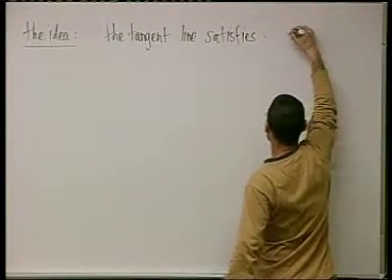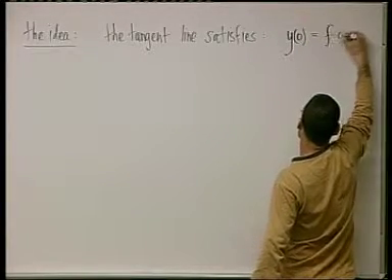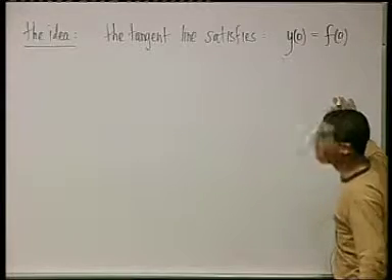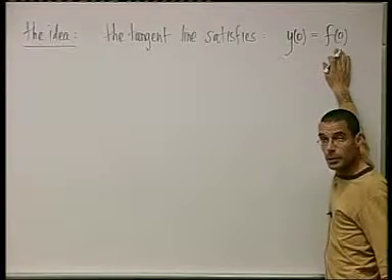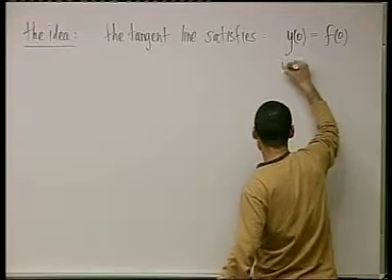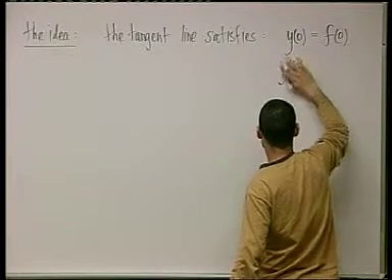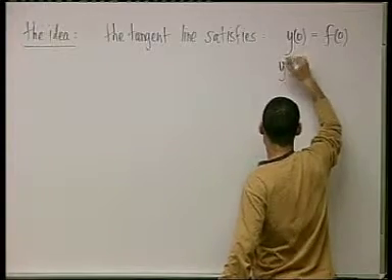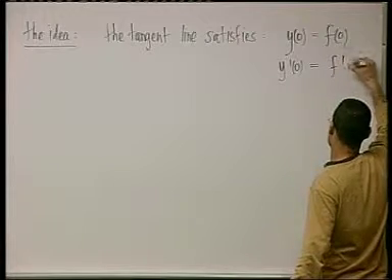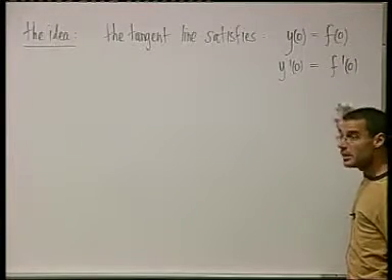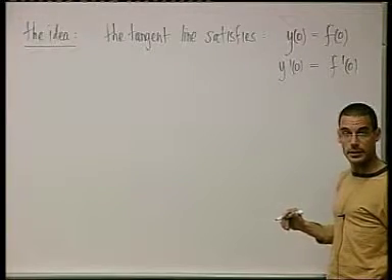One, that the value at the point 0 is precisely the value of f at the point 0. It goes through f of 0. And the slope of the tangent line, y prime at 0, equals f prime at 0. Do you agree that these are precisely the properties of the tangent line, and they determine the tangent line?